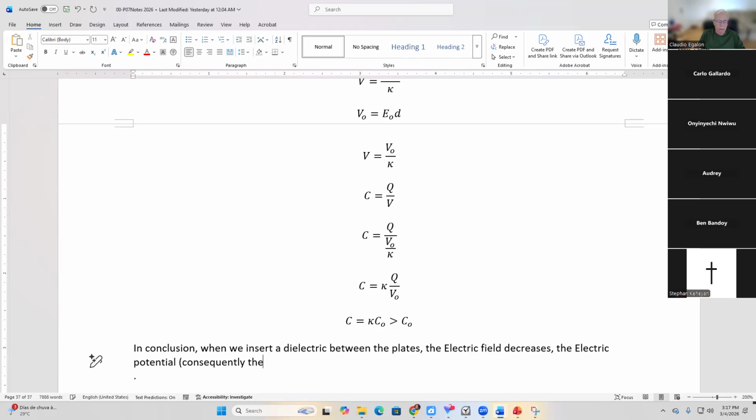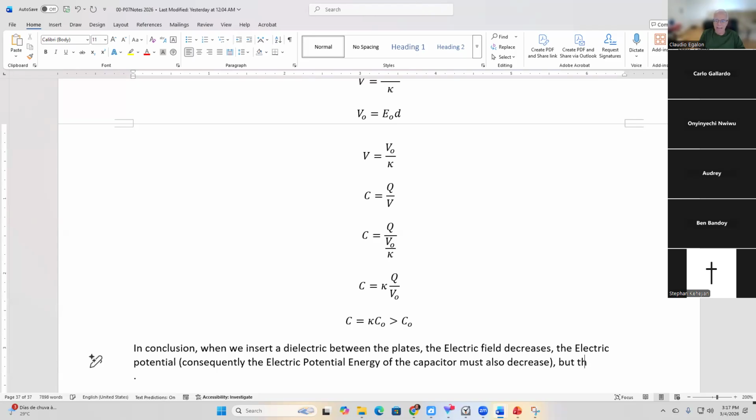Consequently, the electric potential energy of the capacitor must also decrease, okay?